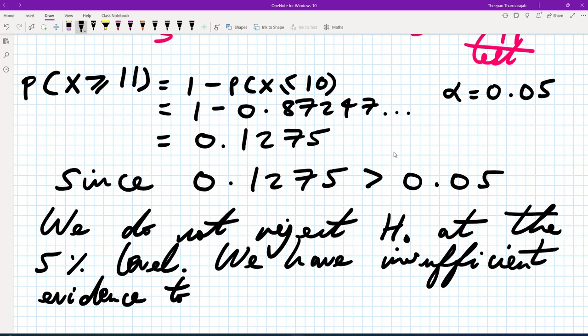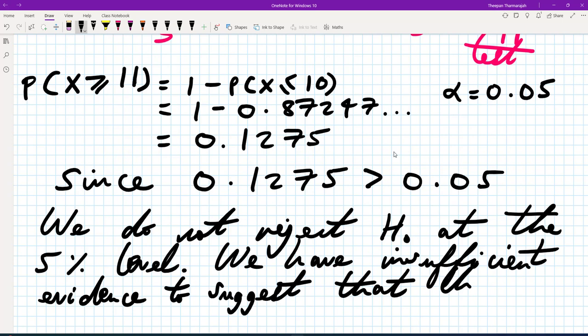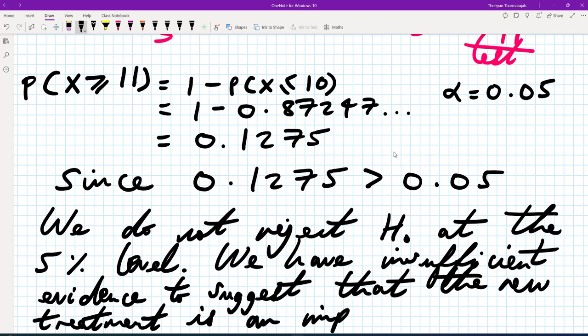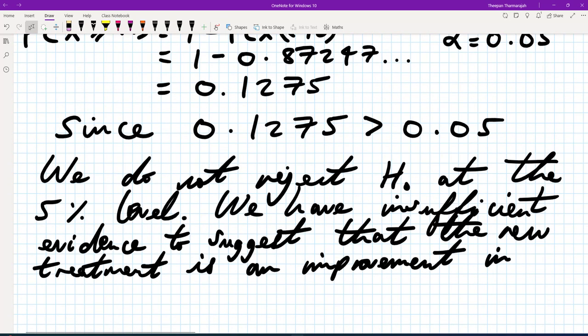to suggest that the new treatment is an improvement in comparison to the standard treatment.